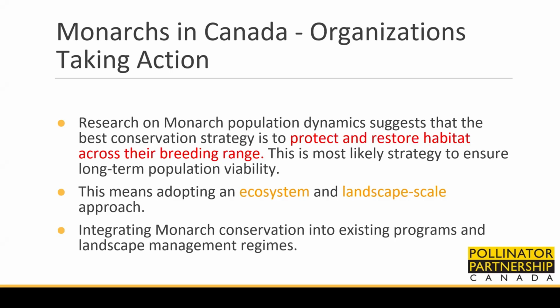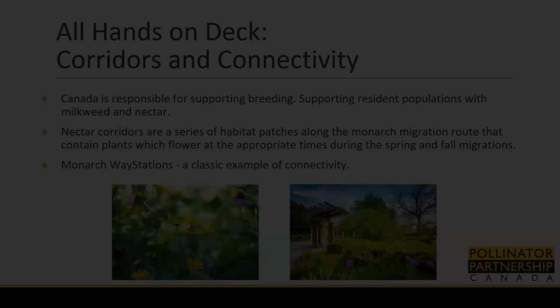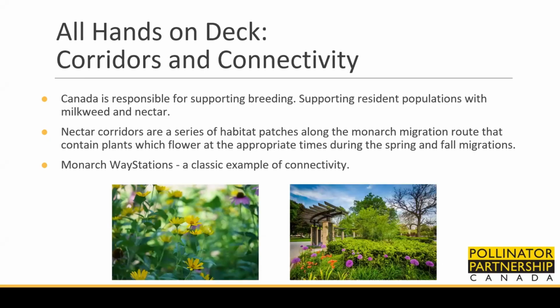This means adopting an ecosystem and landscape level approach. This also means integrating monarch conservation into existing programs and landscape management regimes. This version of conservation has often been called the all-hands-on-deck approach. We are aiming to create corridors and connectivity.